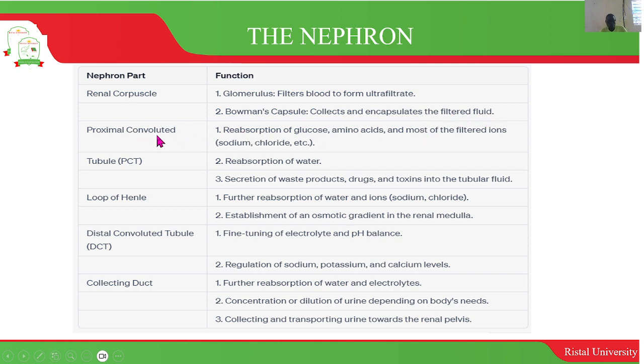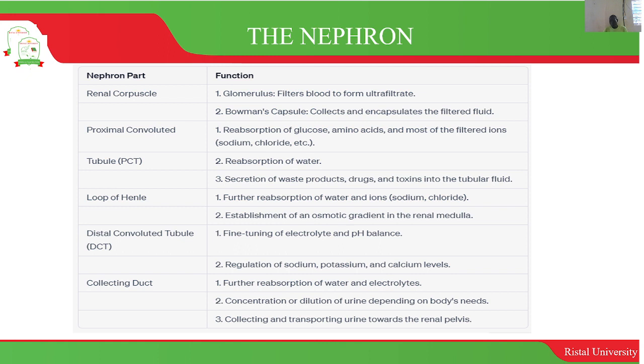The proximal convoluted tubule has the role of the reabsorption of glucose, amino acids, and most of the filtered ions like sodium and chloride. So what happens is like this: when some of the fluid is filtered, it is not that everything that passes through the basement membrane of the glomerulus is unwanted.